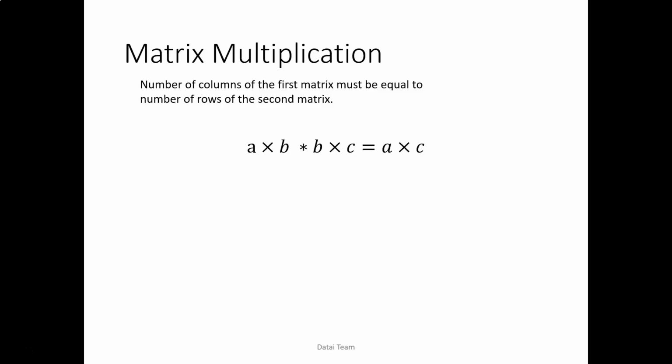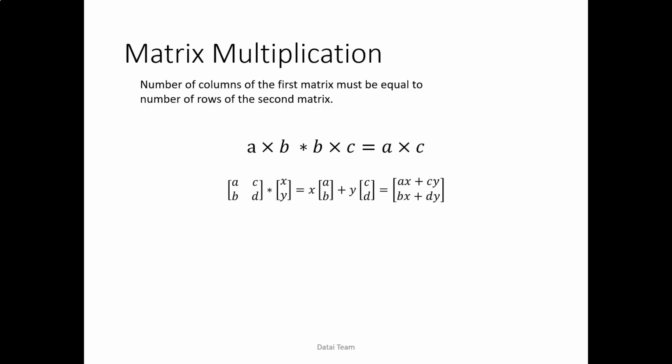So let's say that we have a 4 by 3 matrix and a 3 by 4 matrix. The result would be a 4 by 4 matrix, because you have 4 by 3, 3 by 4, the 3's cancel out, they don't really cancel out, but you can just simply erase them and write A by C. This is a quick and easy way of memorizing this or learning how it works.